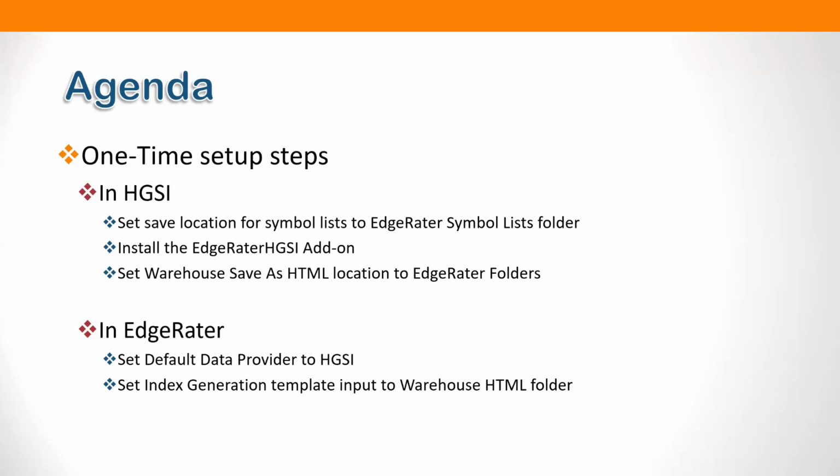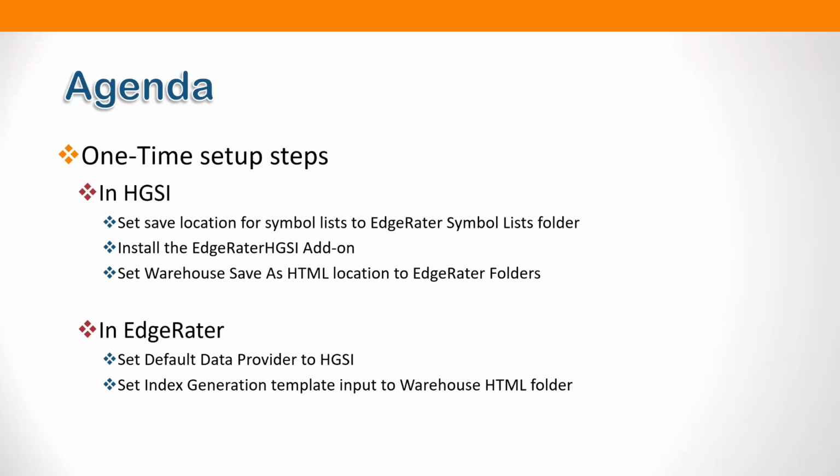The second thing is there is an add-on for EdgeRater. It's called the EdgeRater HGSI add-on. It's an add-on for HGSI, sorry, and it's something I put together. It doesn't have a lot in it, but the thing that's really useful is there is a warehouse view, which contains a lot of the fields of the warehouse.